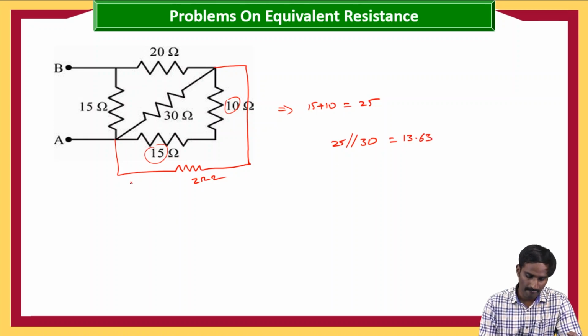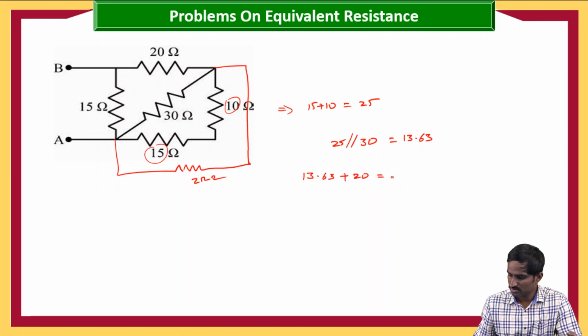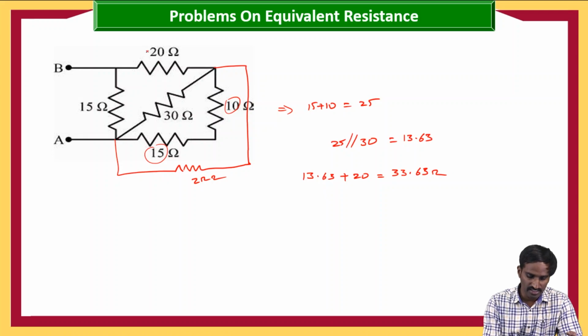And this 13.63 is in series with the 20. So plus 20, then you will have 33.63. And these 33.63 and these 15 ohms are again in parallel.